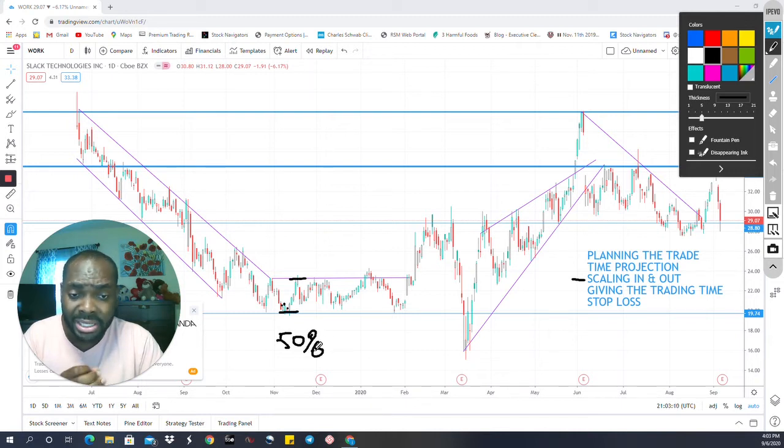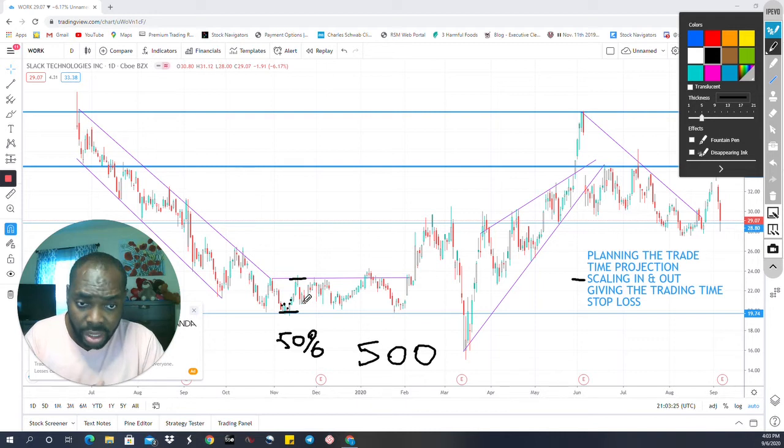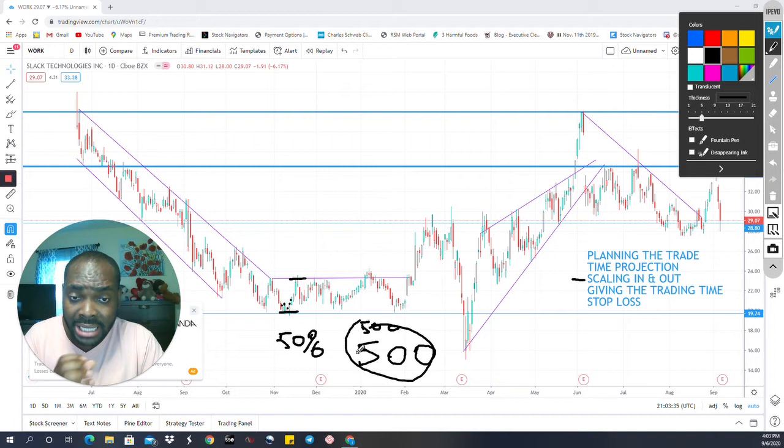So if you wanted to carry 1,000 shares, when it hit support right around there, you would have just bought 500 shares, right? And then when you see day 3, day 4, it starts to work in your direction, now you go back in and pick up your additional 500 shares. So now you're all in for 1,000 shares, which you wanted to have overall.